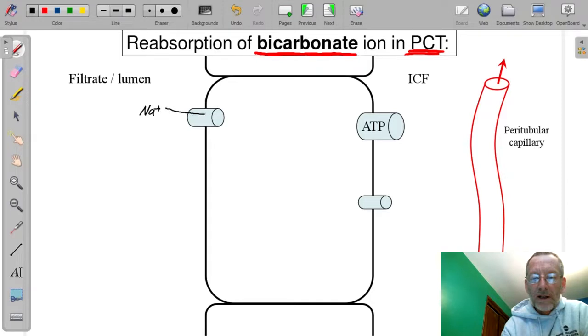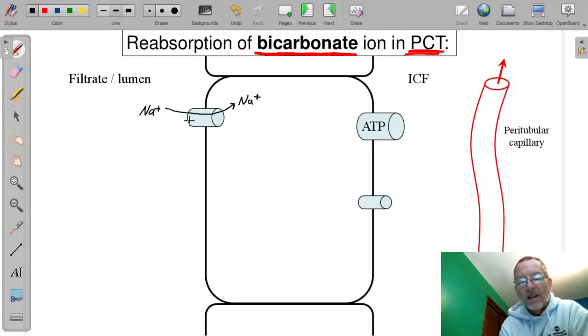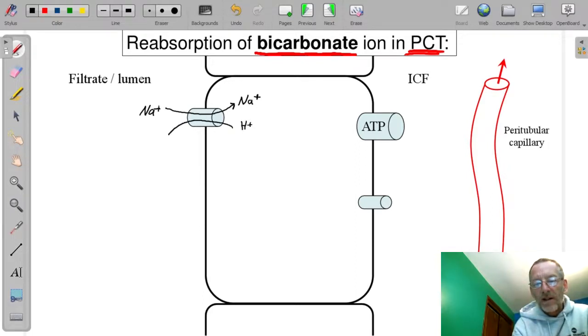And this is using a different transporter, as you'll see in a moment. This one is antiporting hydrogen ions out of the cell into the lumen.